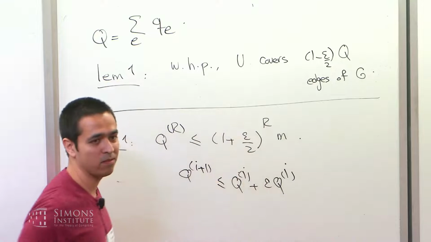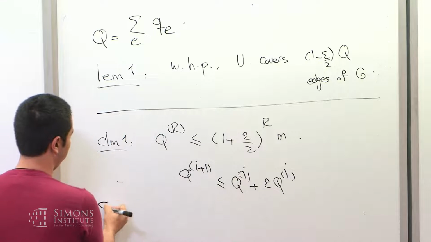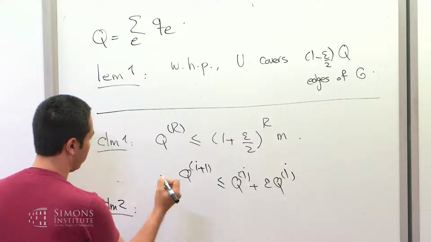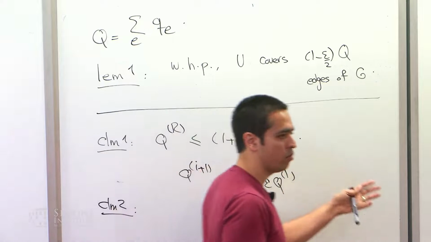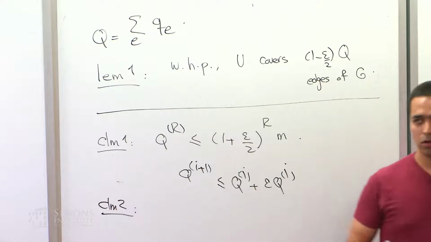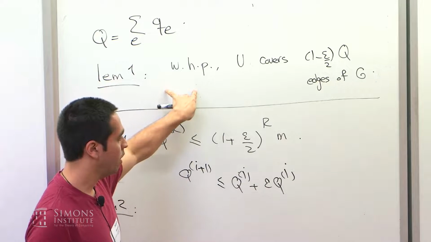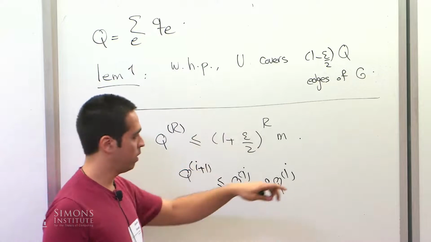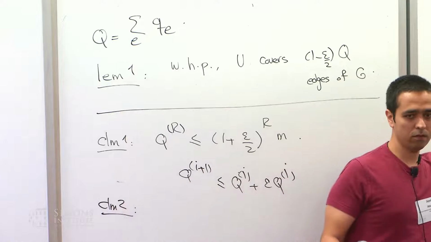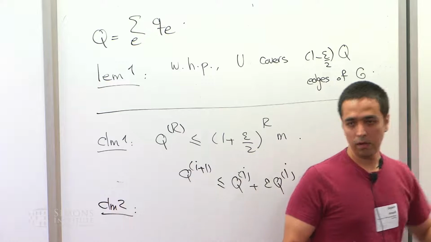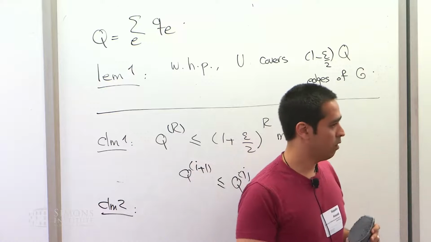This one. Yes. Good. Claim 2. So now how do I want to do this analysis? I want to do a primal-dual analysis. I want to say that, look, one of these things is going to happen. In each round, you are picking a vertex cover, no? What are the sizes of these vertex covers?